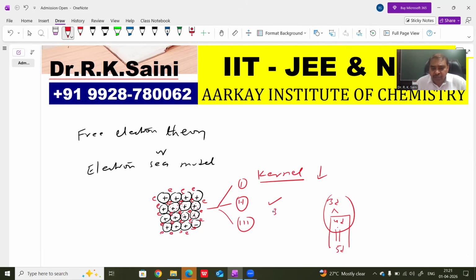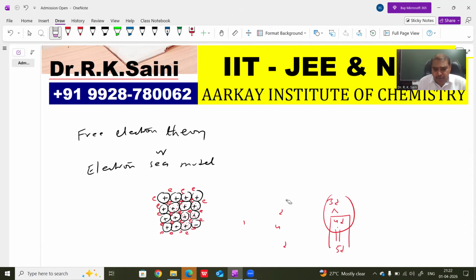You know that 3d, 4d and 5d are diffuse orbitals, and when the d orbital is far away from the nucleus, the diffuse nature increases. And when the orbitals are diffuse, their poor or imperfect shielding gives strong electrostatic force of attraction between kernel and mobile electron. This model explains the cohesive force between metals in metallic bond.